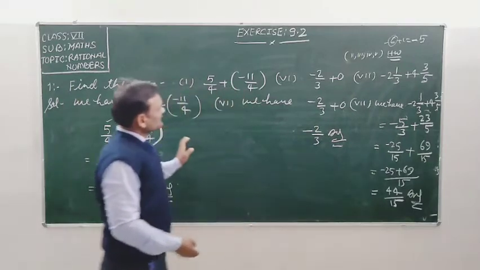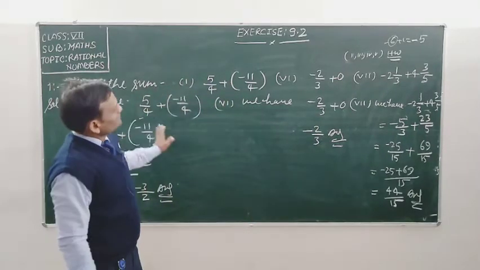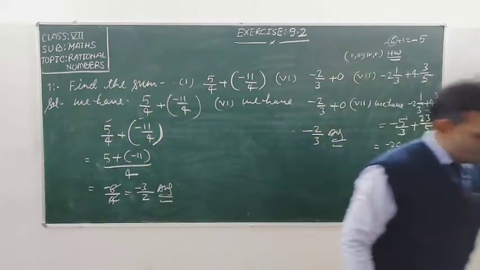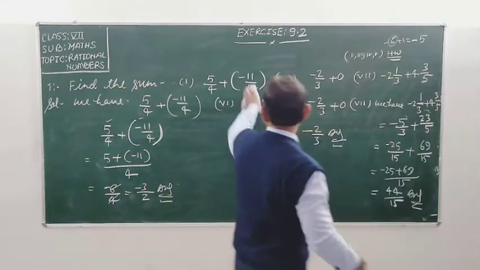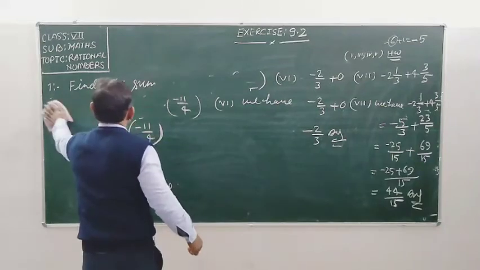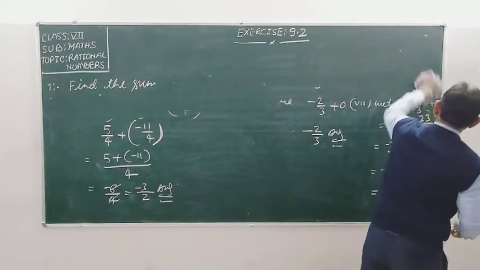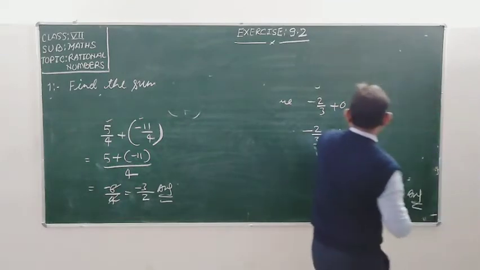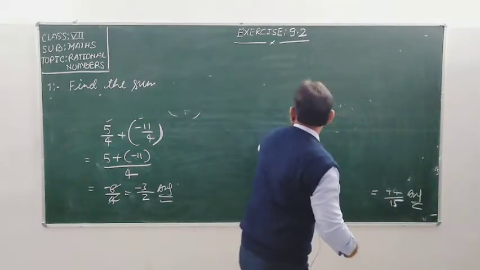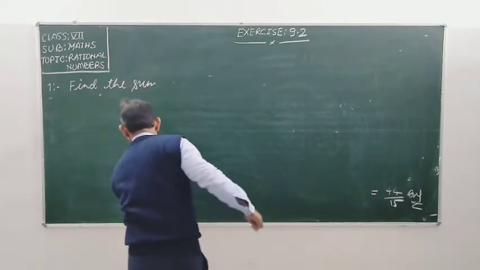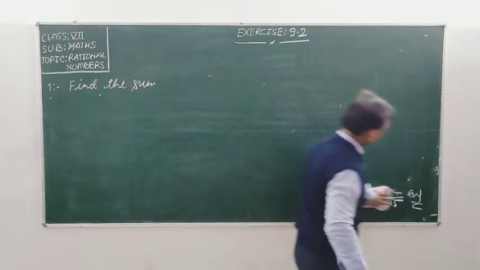In this way, student, you will solve the remaining parts like this. So come to the next question, student. Question number second has also many parts, but here we take some parts, and according to those parts you will solve the remaining parts of question number second, student.